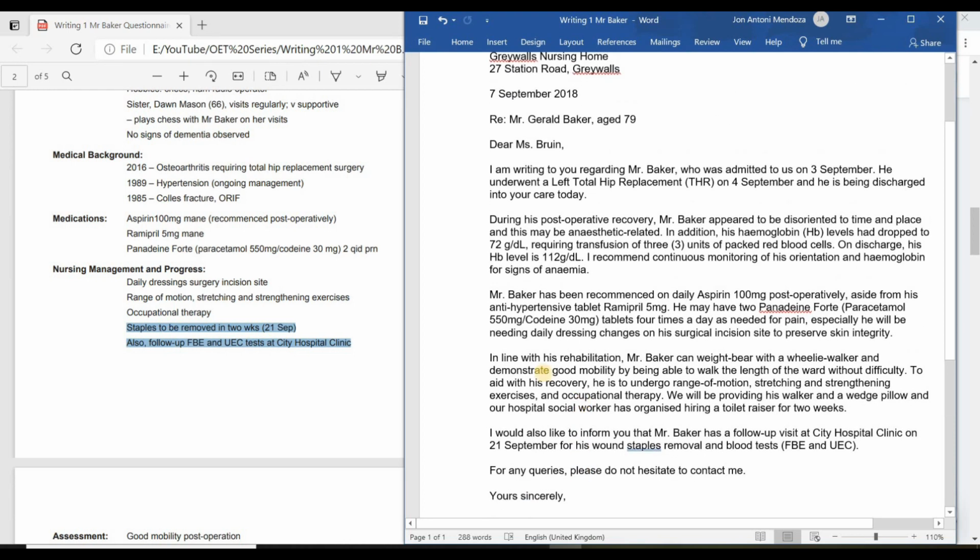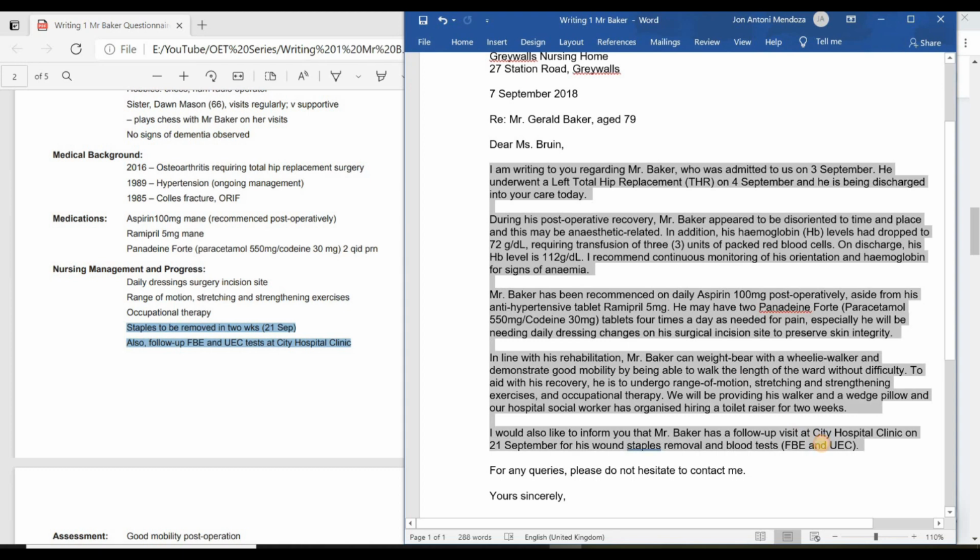Okay, overall, I believe that I've included the critical and important points that I have to include in the letter. Although my letter has exceeded the required number of words, like 180 to 200 according to the website. Although some sources say that the 180 to 200 word frame is just a guideline but not necessarily a requirement.